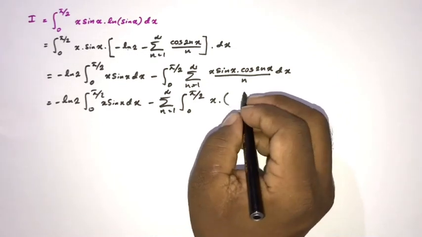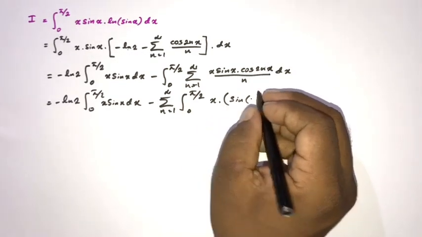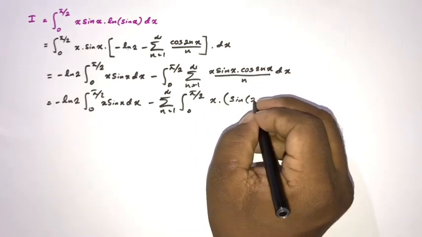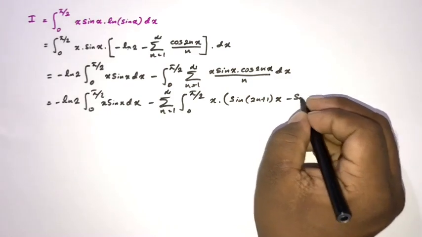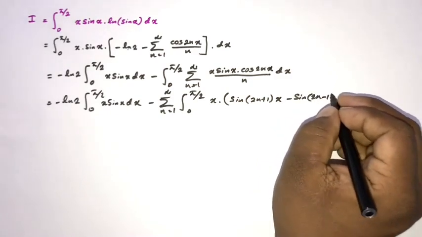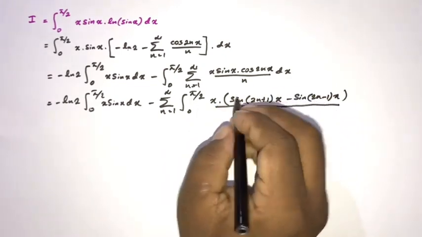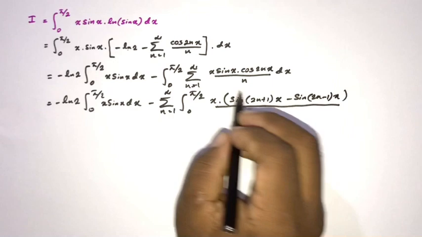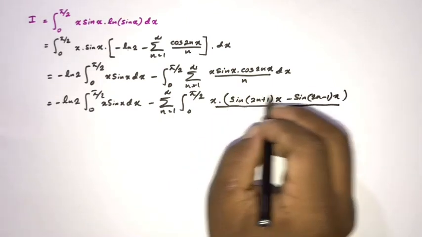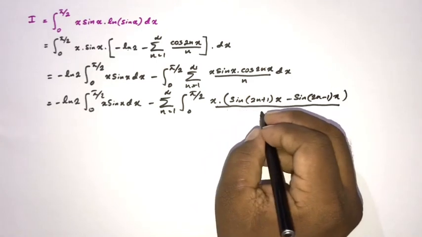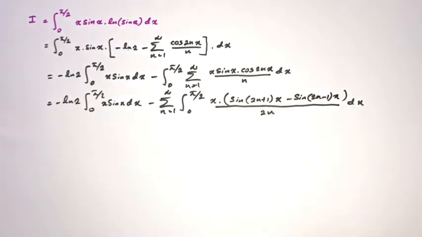This is equal to sine of (2n plus 1)x minus sine of (2n minus 1)x, and here we should put 1 over 2 using this formula, so 1 over 2n, and dx.